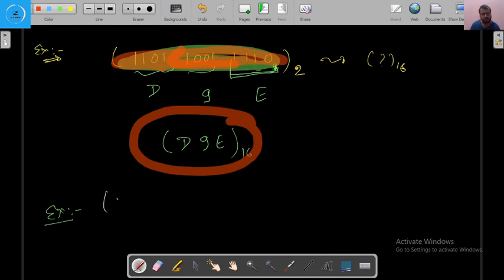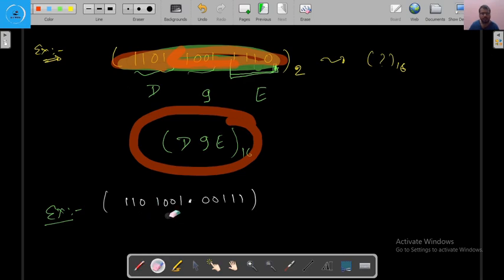0 1 1 0 1 0 0 1 point 0 0 1 1 1. Now see, this is the point.